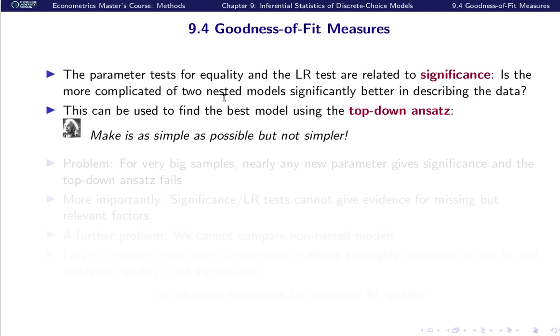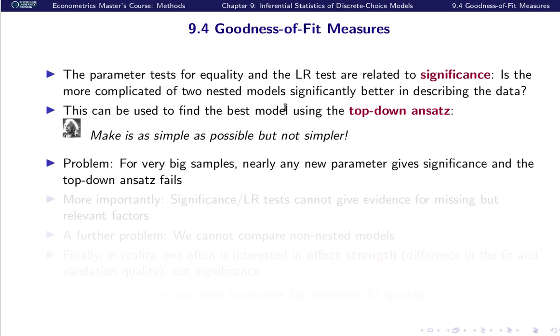So in addition to significance, we also need to look at the effect strength, so-called. That means, is there really also a significant effect? Usually, if you would only have a likelihood ratio test, you could, for example, use the top-down ansatz, but it will fail, because removing any variable will give significance, so it cannot be removed.